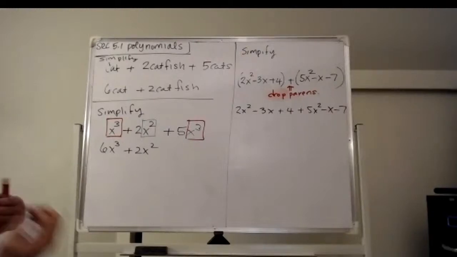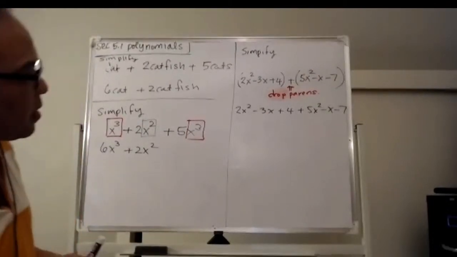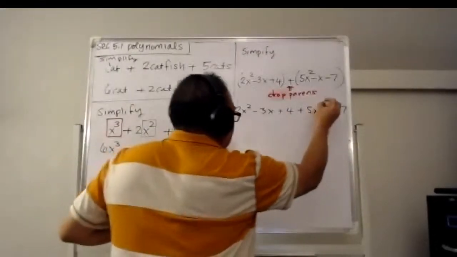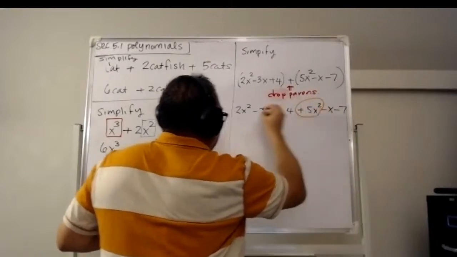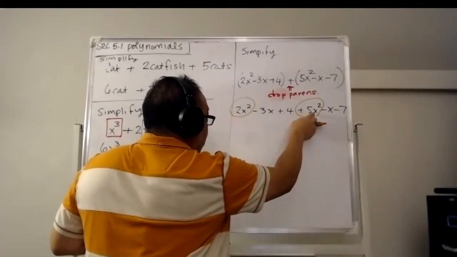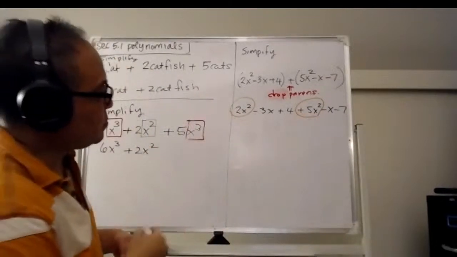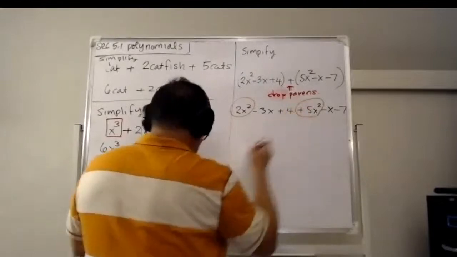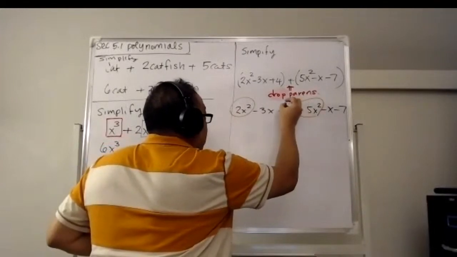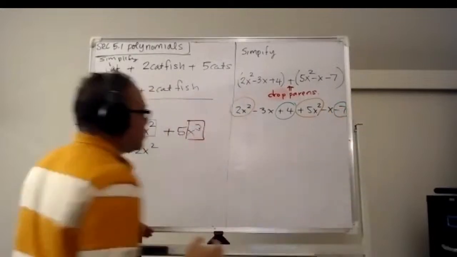Now, if you wanted to, you could move things around so that terms that are the same are next to each other. But if you move things around, just know that the operator goes with the term on the right. So this plus goes with this 5x squared. This plus goes with the 4, and that negative goes with the 7.